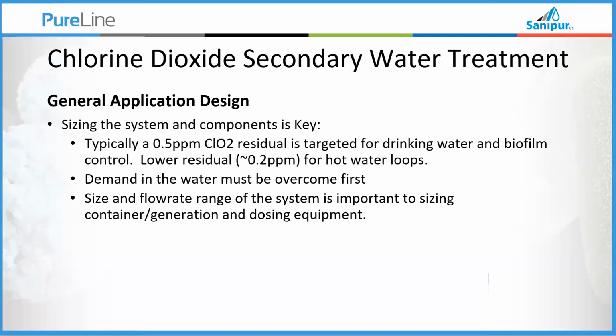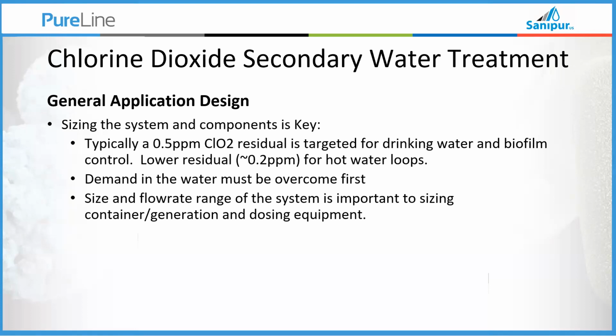Any demand in that water obviously has to be met first, so iron, manganese, other organics that could possibly eat up chlorine dioxide have to be taken into consideration. But in terms of secondary water treatment, those demands are usually very low.